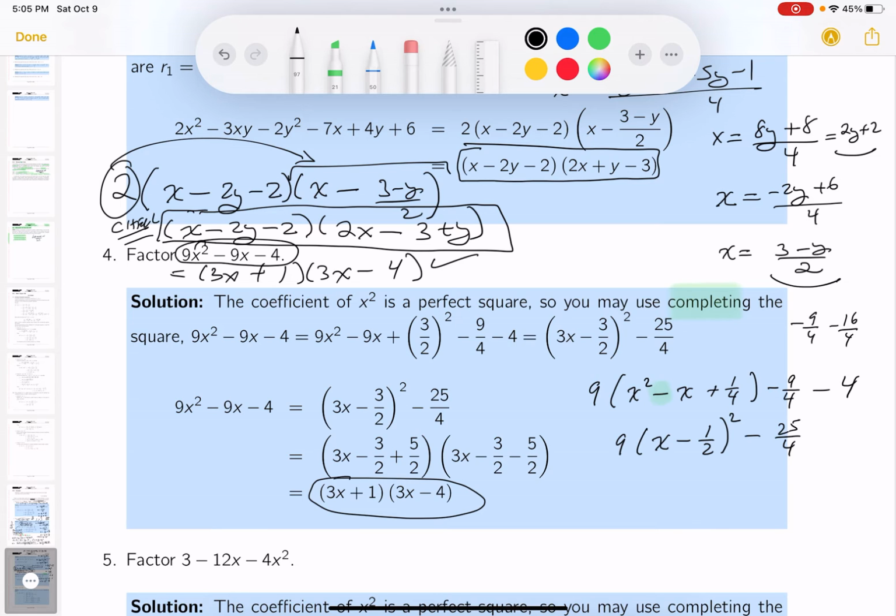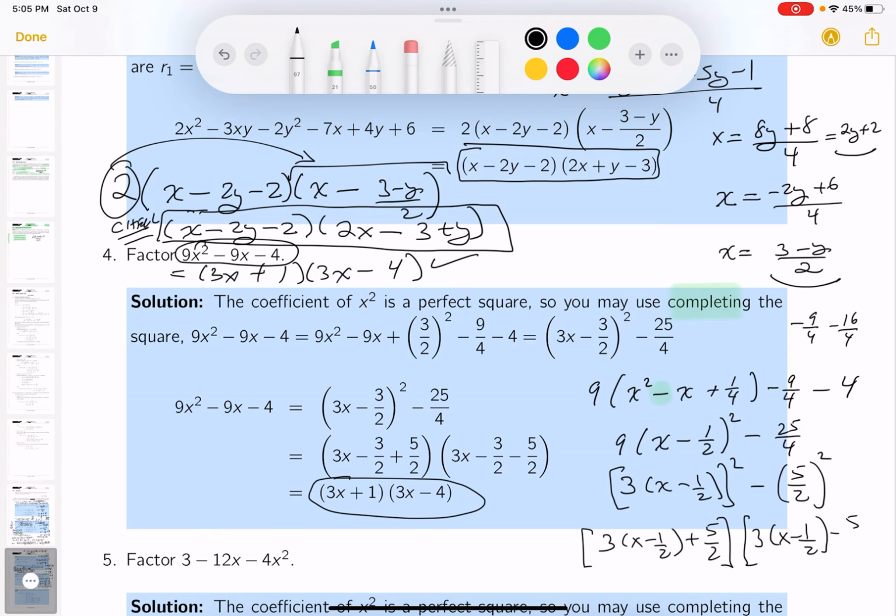I'll write it down for you. It's actually 3x minus 1/2, this whole thing squared, minus 5/2 squared. It's a difference of perfect squares. So what are you going to get over here? You can get 3x minus 1/2 plus 5/2, times 3x minus 1/2 minus 5/2.